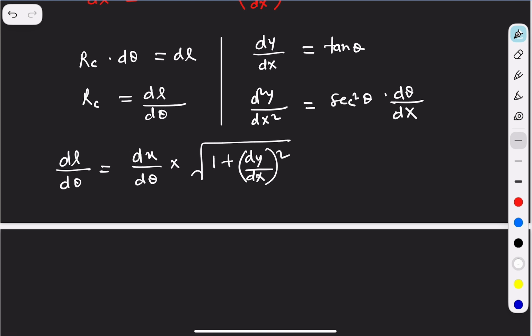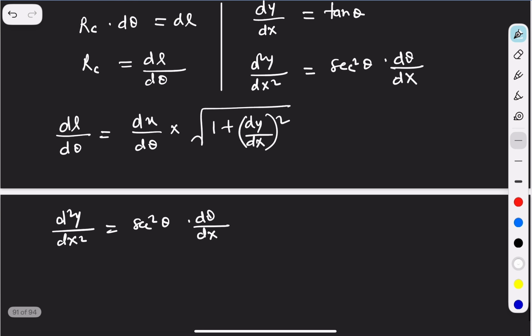And d theta by dx, let me put that also. So d square y by dx square is equal to sec square theta into d theta by dx. Here we want to eliminate the theta. So we can do it like this. dl by d theta is equal to r, that is fine.